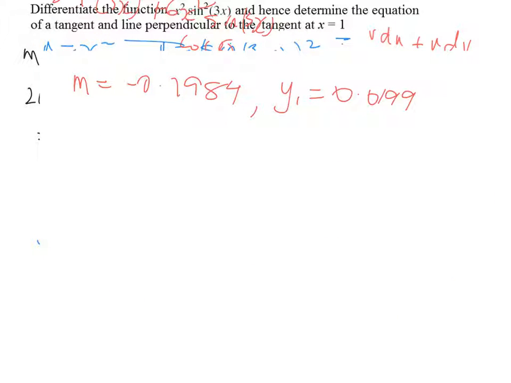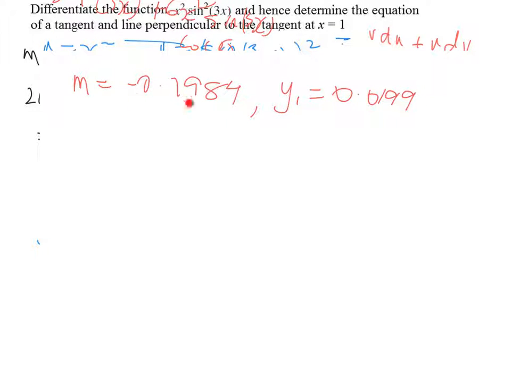Okay, for this last part of this absolute saga of a problem, I had no idea it was going to be this long when I came up with it. We're going to find the equation of the line perpendicular to the tangent at x equals 1. So if x equals 1, y equals 0.0199.